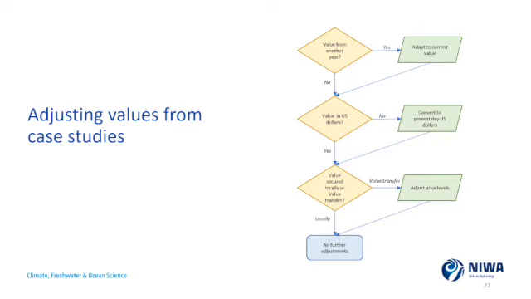And thirdly, it might be a non-local value that comes from quite a different economy. Maybe you're transferring value from a low-income area to a high-income area, in which case you'll probably want to adjust for purchasing power parity. Once you've done those adjustments, hopefully you can use that value in your cost-benefit analysis.